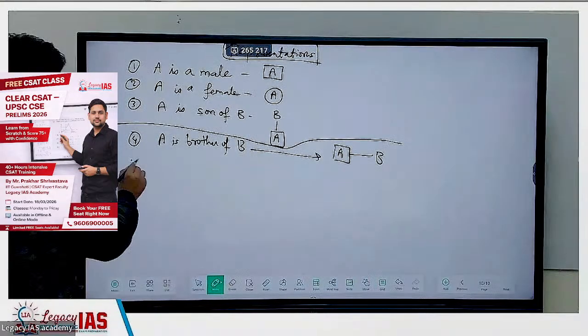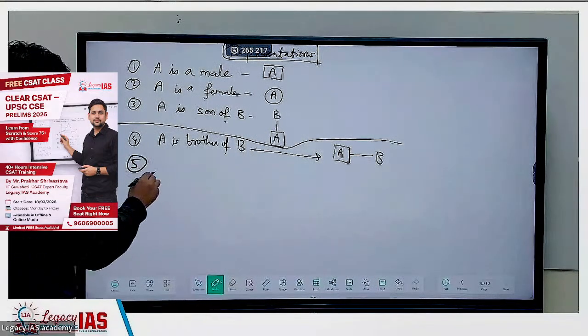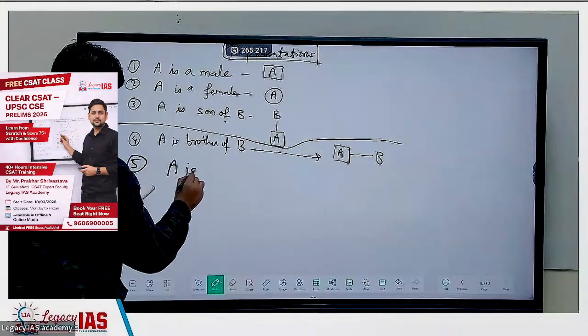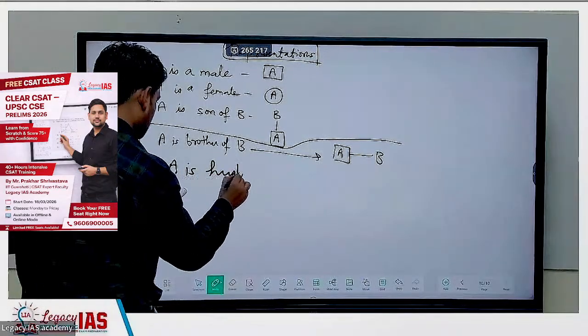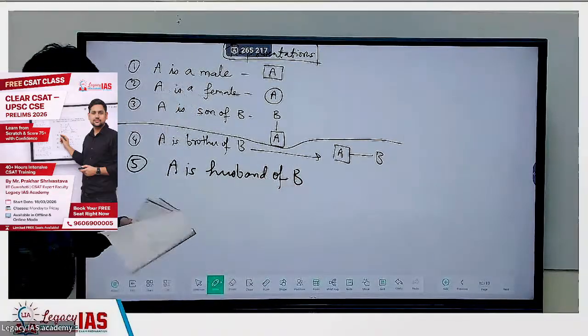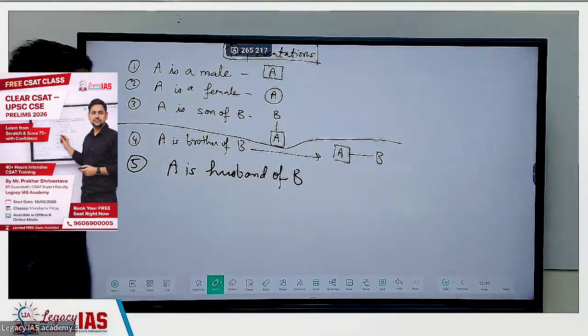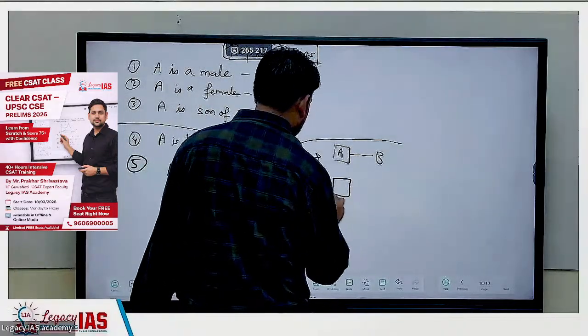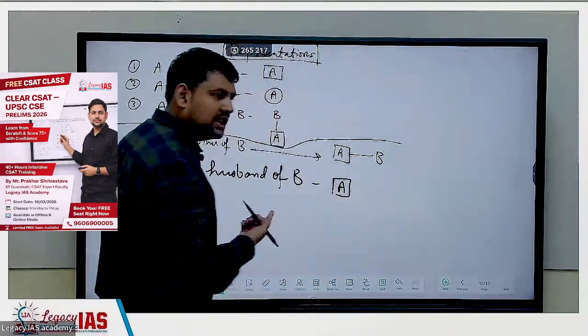Next is 5. A is husband of B. And how will we show that? A, again, he is husband.